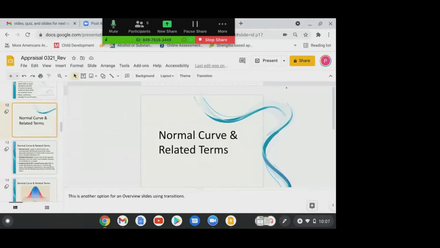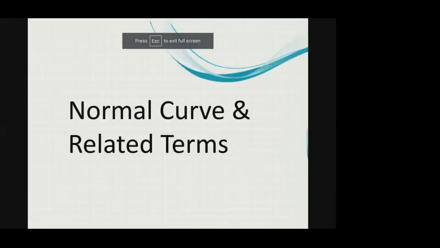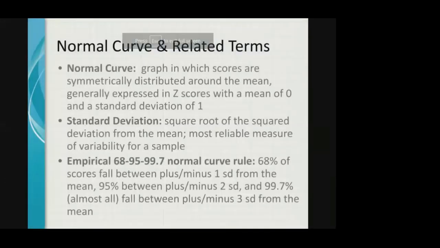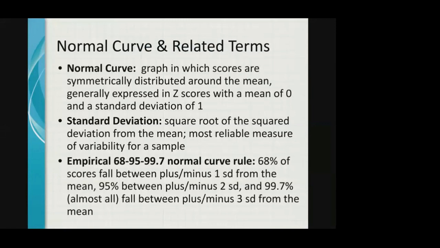Now we're going to move on and talk about the bell curve. So the bell curve, or the normal curve, normal bell curve, any of those, they're all one and the same, is a graph in which scores are symmetrically distributed around the mean, generally expressed in a z-score with a mean of 0 and a standard deviation of 1.